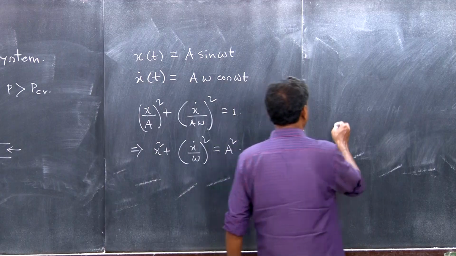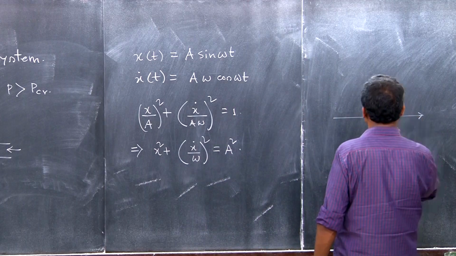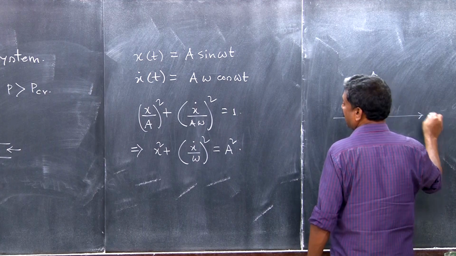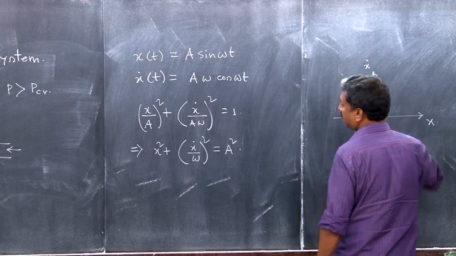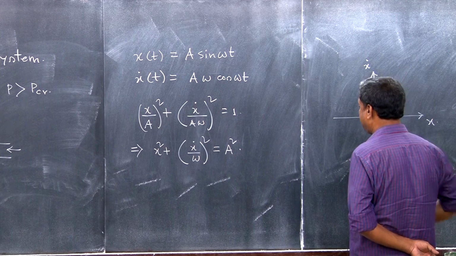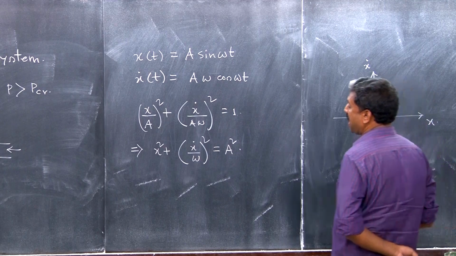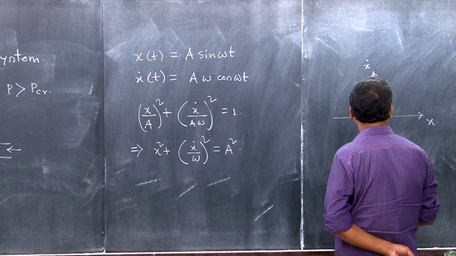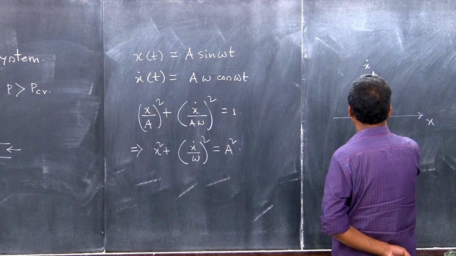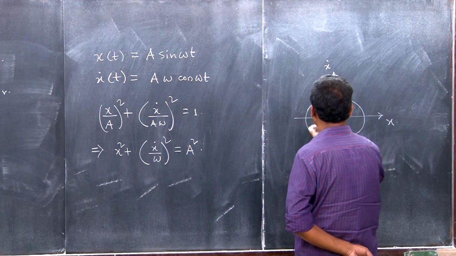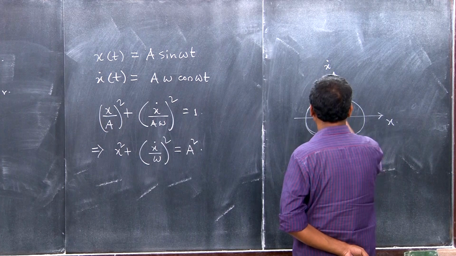So if I plot it here, I am putting x here and this is x dot, right? Here you will see this kind of shape forming, isn't it?